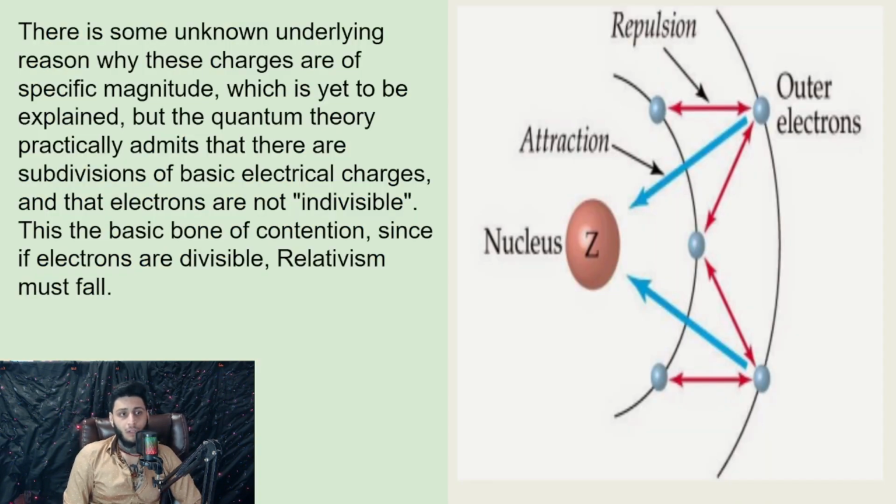There is some unknown underlying reason why these charges are of specific magnitude, which is yet to be explained, but the quantum theory practically admits that there are subdivisions of basic electrical charges and that electrons are not indivisible. This is the basic bone of contention, since if electrons are divisible, relativism must fall.